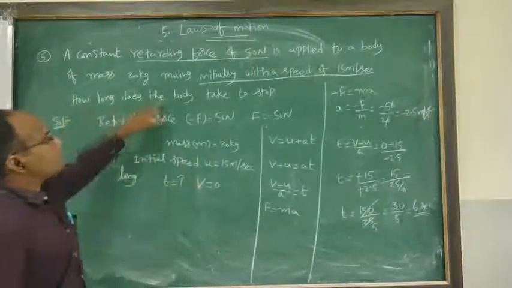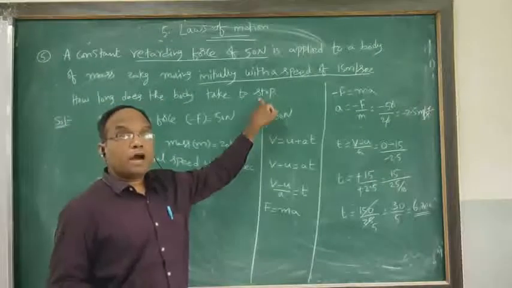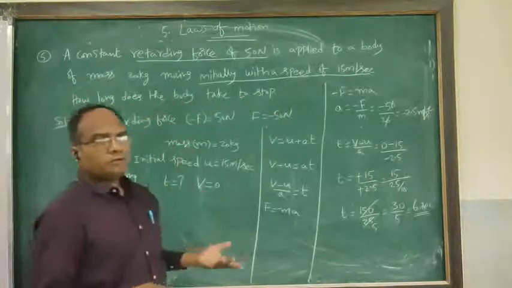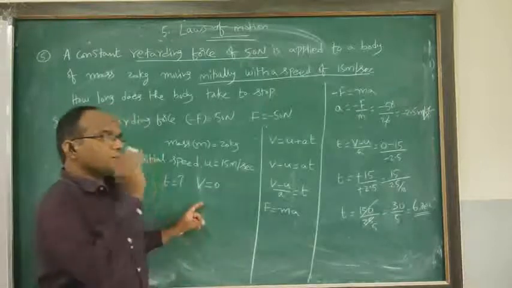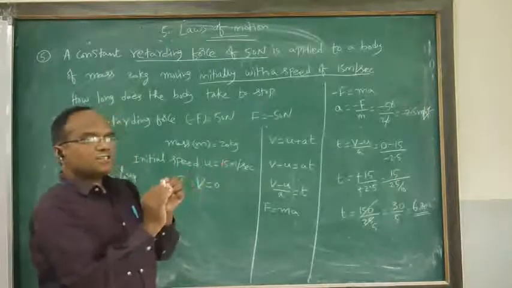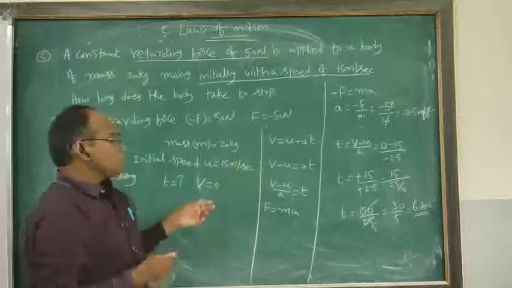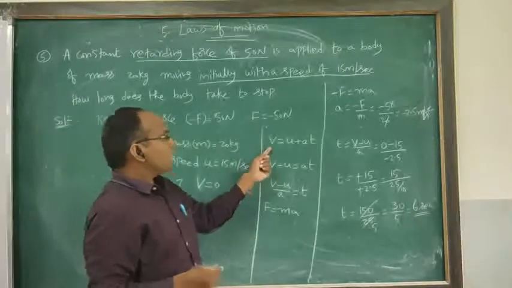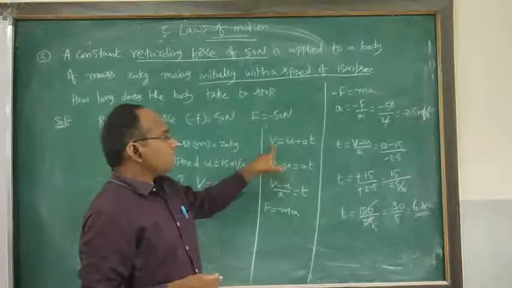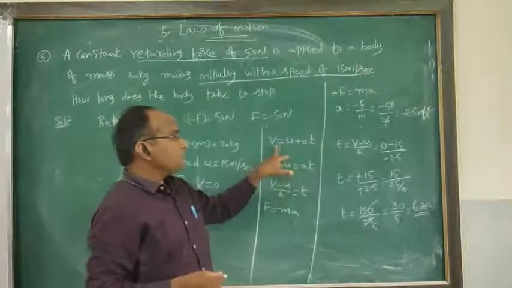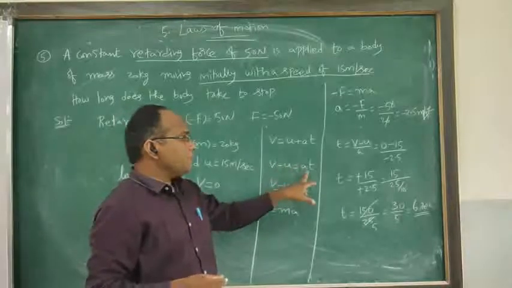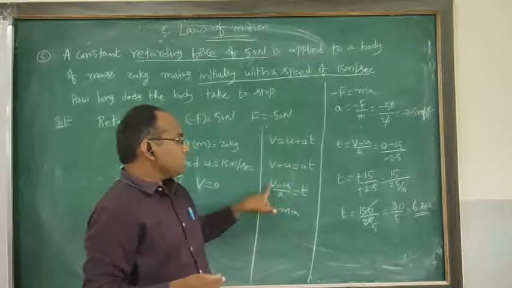Next, how long does the body take to stop? How long means time. When it is stopping, we don't know, so final velocity is v. What is the formula? Initial velocity, final velocity, acceleration, time: v is equal to u plus at. So v minus u is equal to at. T is equal to v minus u divided by a.